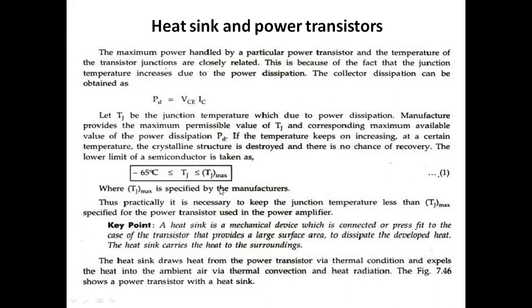Practically it is necessary to keep the junction temperature less than that maximum value. So we should keep the junction temperature less than Tj max. Okay, that is about the introduction of heat sink.